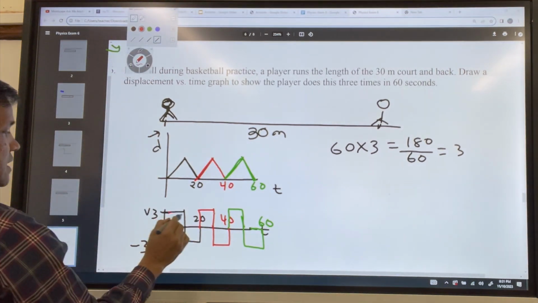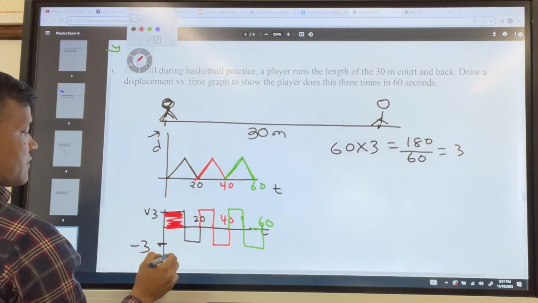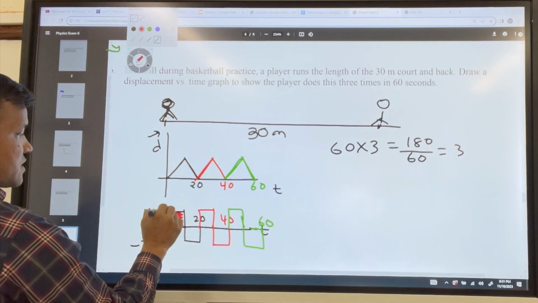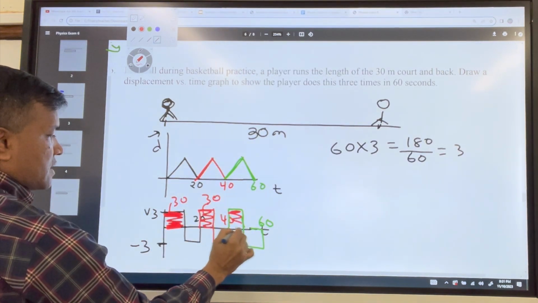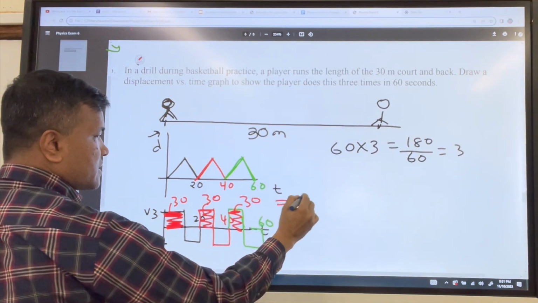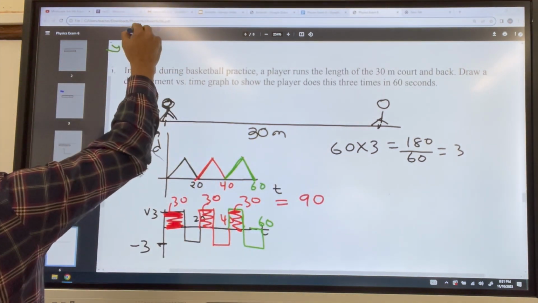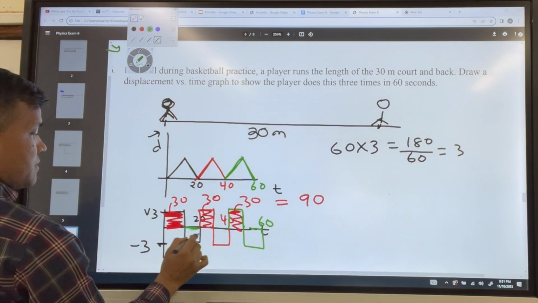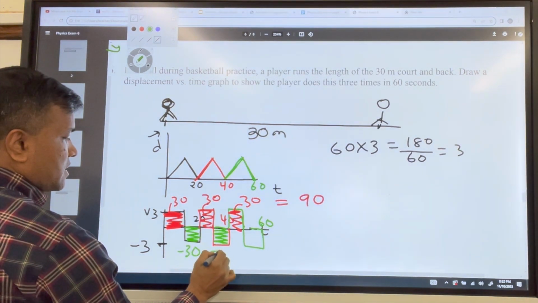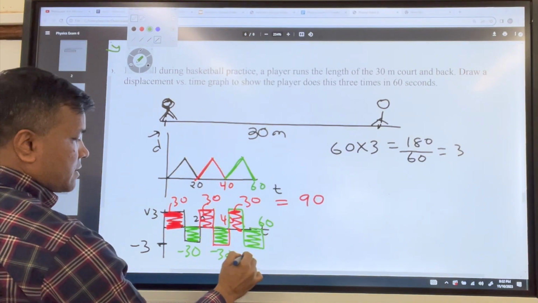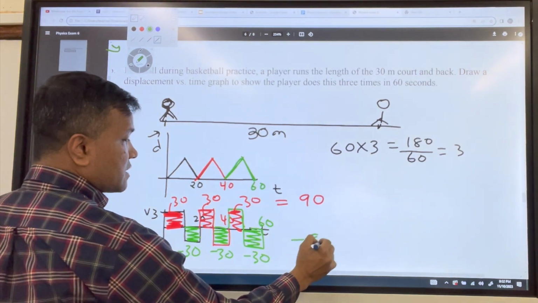If you add them, this is 10, right? 10 times 3 is 30. So 30, 30, 30, 90. What about this one? This one is negative 30, negative 30, so negative 90.